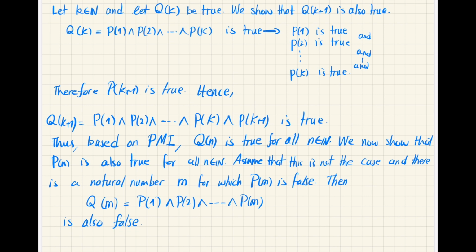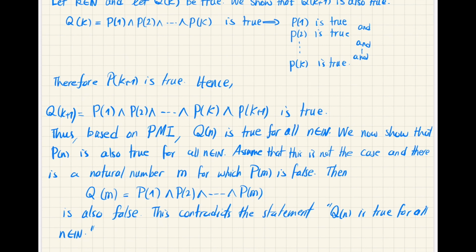This is a contradiction, yes? Because we just showed that Q of n is true for all n in N. So this contradicts the statement Q of n is true for all n in N.